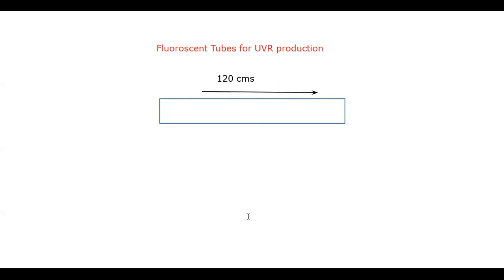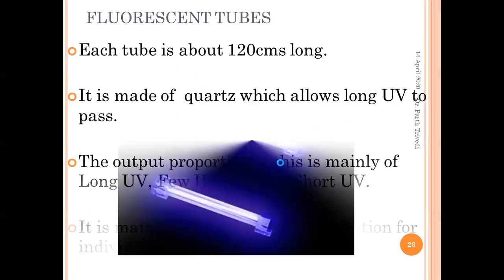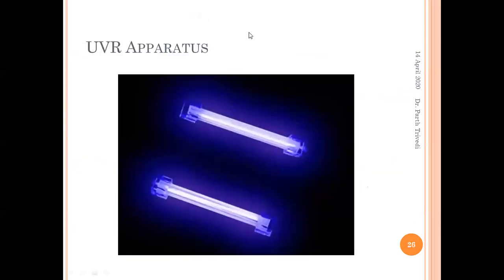They are generally 120 centimeters long, made up of phosphates, which include phosphorus, silicates, and borates. You can see they are like our tube lights.